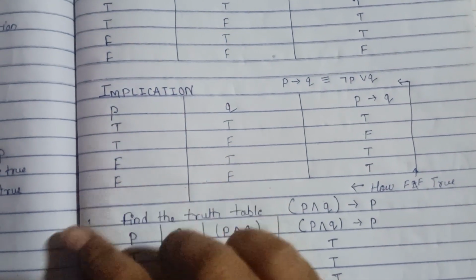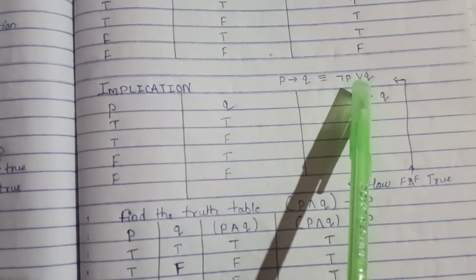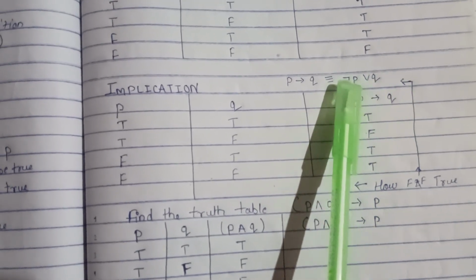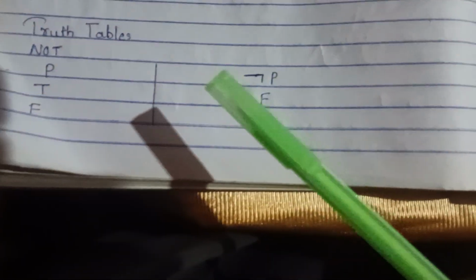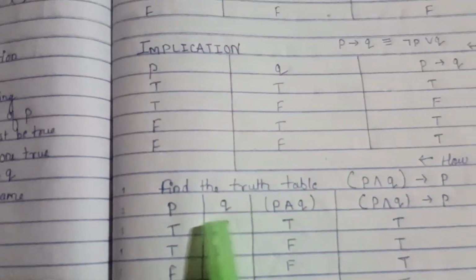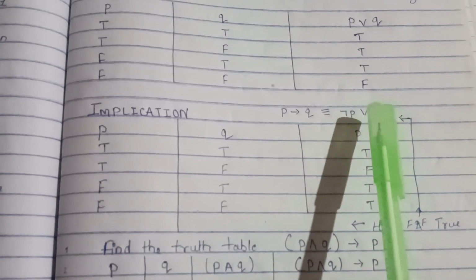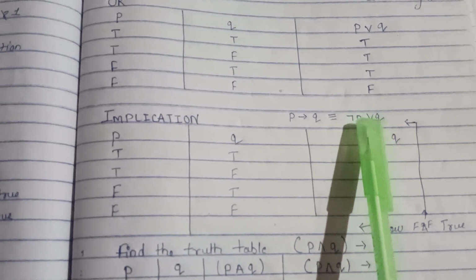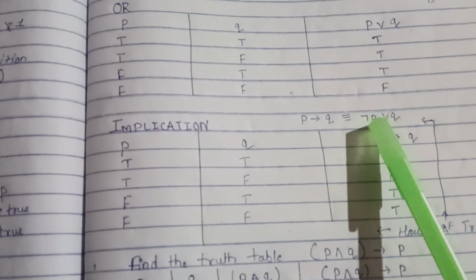Here P is false, and we have OR Q. We understand this NOT: whatever is true becomes false, so we have false over here, and false becomes true. And we have this OR, so one must be true, and we got one true.